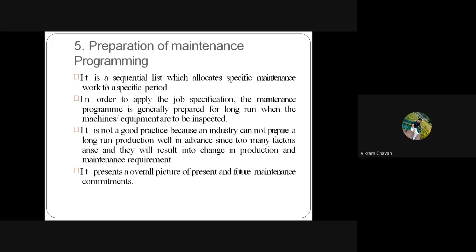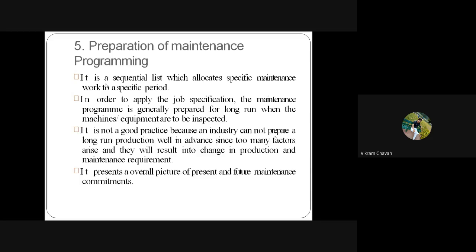So that particular time period is provided to that specific machine. The maintenance of that machine will be carried out in that time period. So the specific period is provided for the specific machine for maintenance purposes.